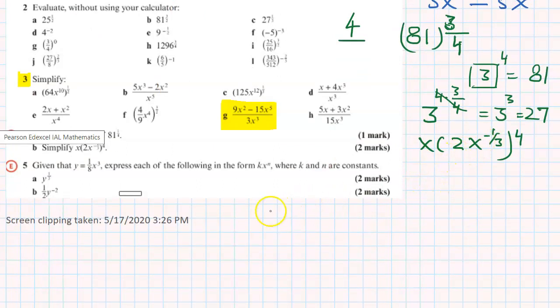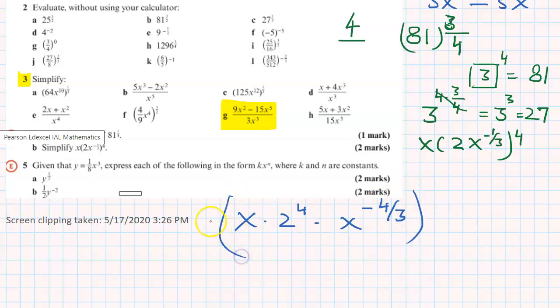So I can write this one as x, 2 to the power 4, x to the power minus 1 multiplied by 4 is minus 4 over 3, and these all are multiplied by x.